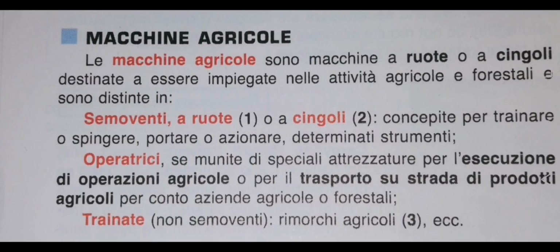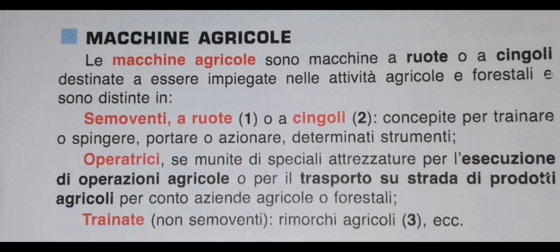Macchine agricole. Macchine agricole sono macchine a ruote o cingoli. Most agricultural machines might have wheels or they will have chains. Destinate a essere impegnate nelle attività agricole e forestali.